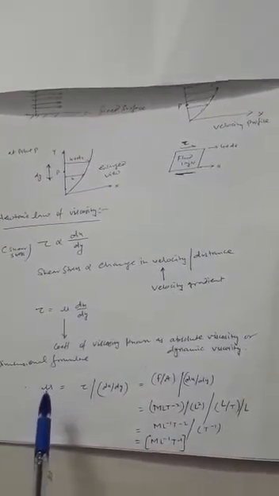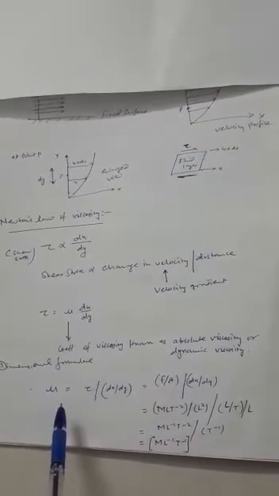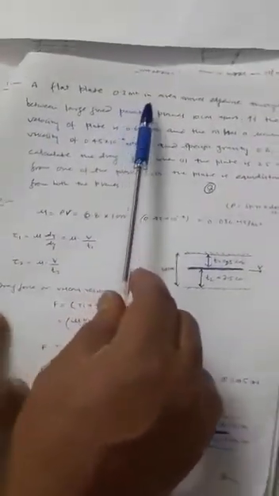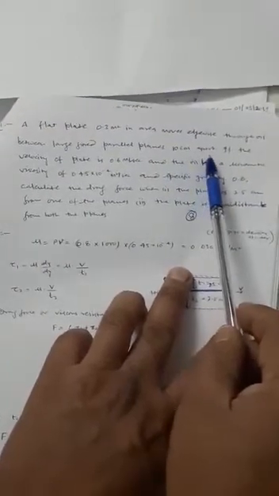We will solve some problems based on Newton's law. Problem 1. A flat plate 0.3 meter square in area moves edgewise through oil between large fixed parallel planes 10 centimeter apart.